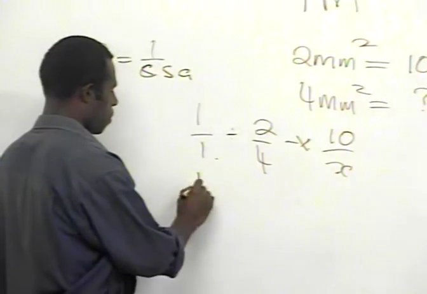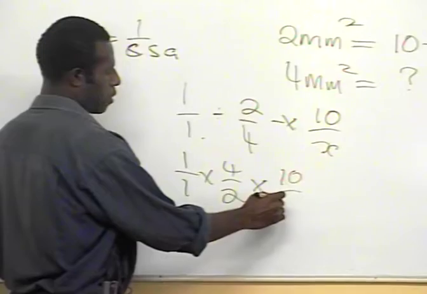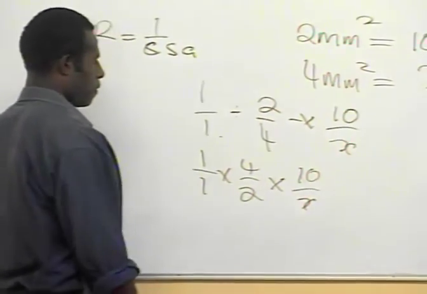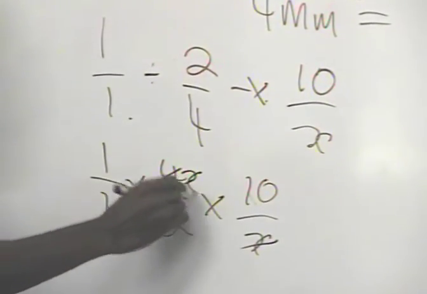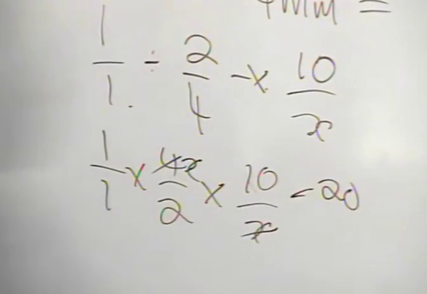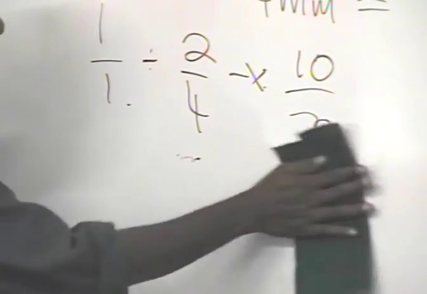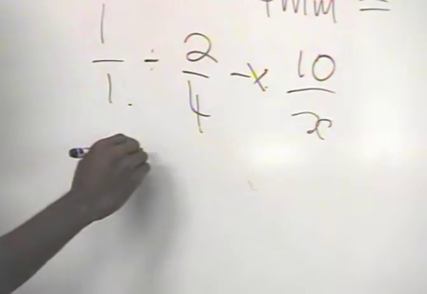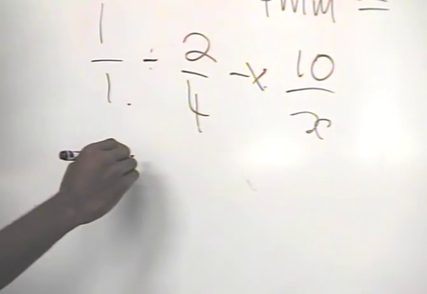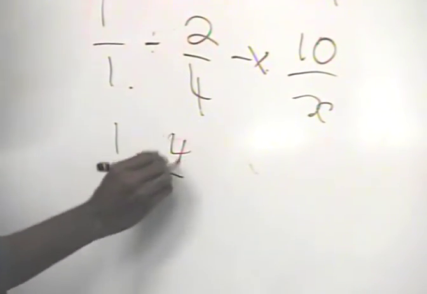If you have to solve this one, it will be 1 over 1 times 4 over 2 times 10 over x. We can have this as 4x.